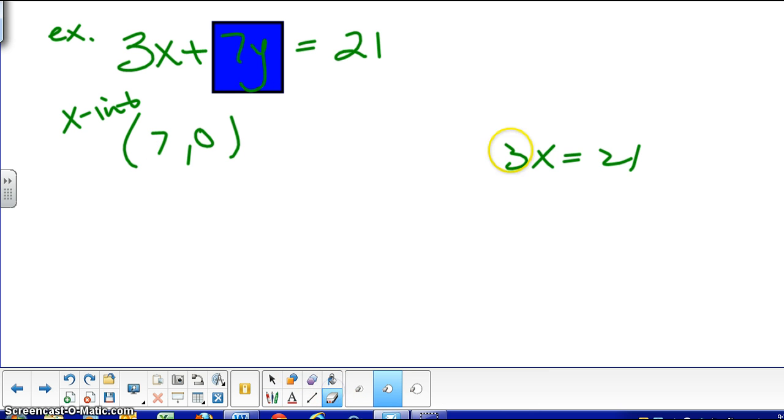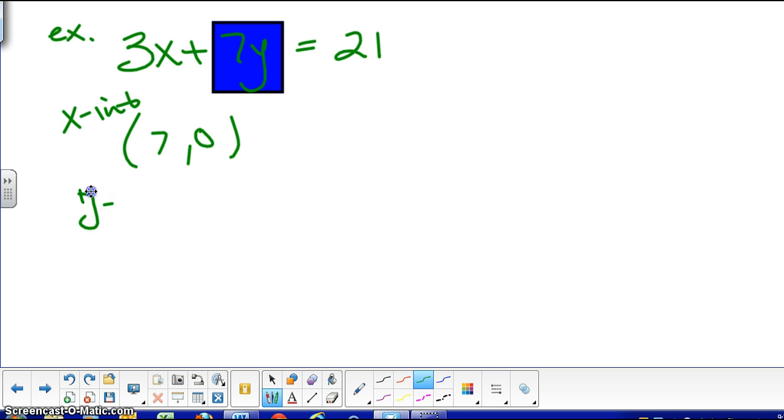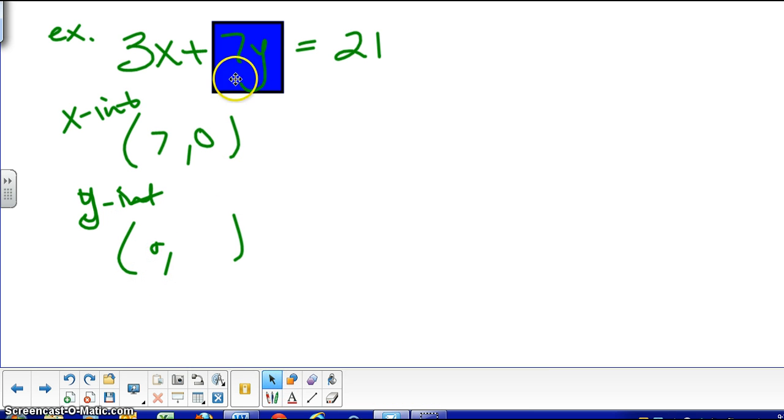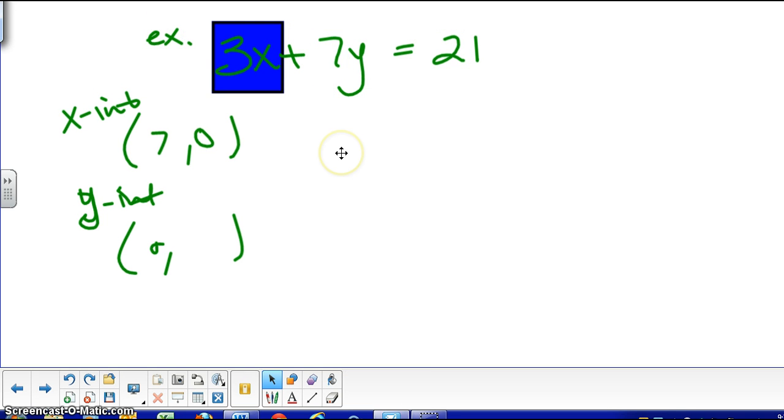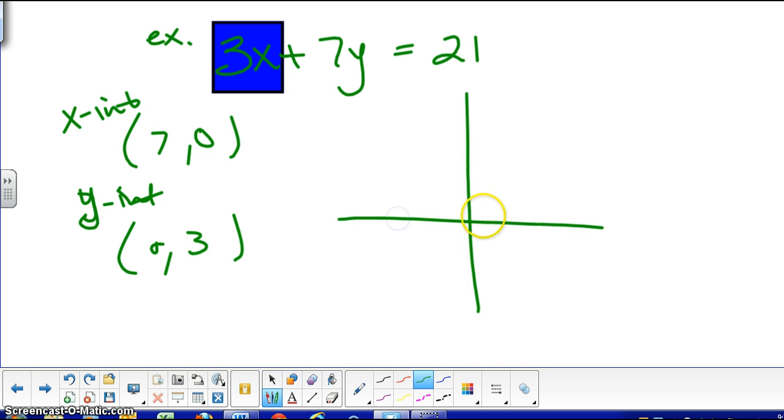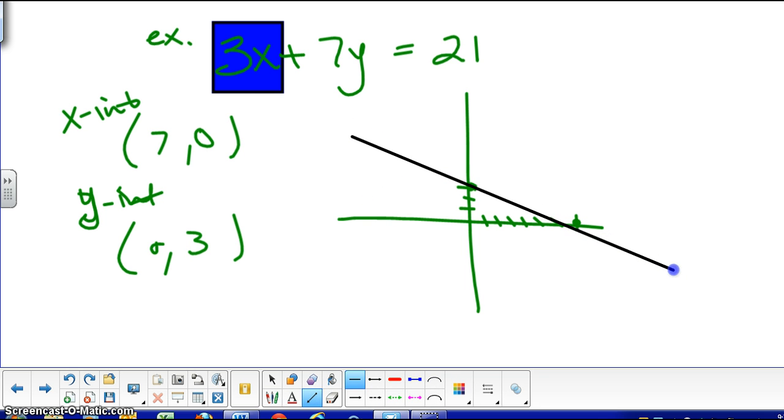Okay, and then the next one you should have done is the y-intercept, which we plug a 0 in for x, and just cover up this one because it would be 0, and 7y equals 21, so that would be a value of 3. Plot them, 1, 2, 3, 4, 5, 6, 7, 1, 2, 3, big points here, and then we can connect them with a line.